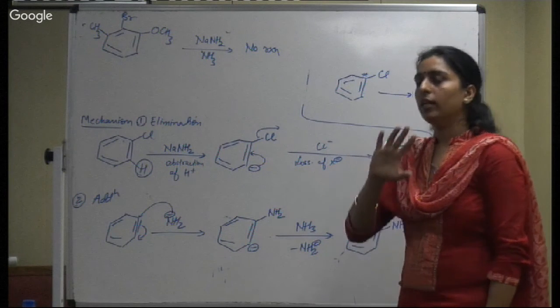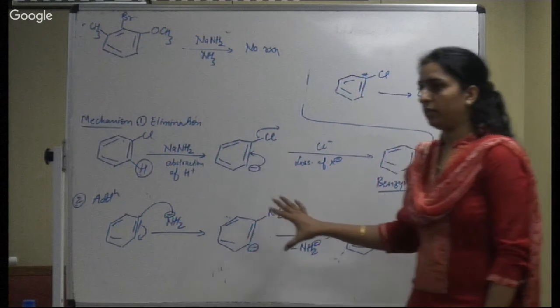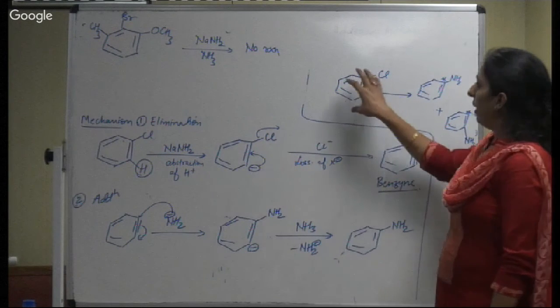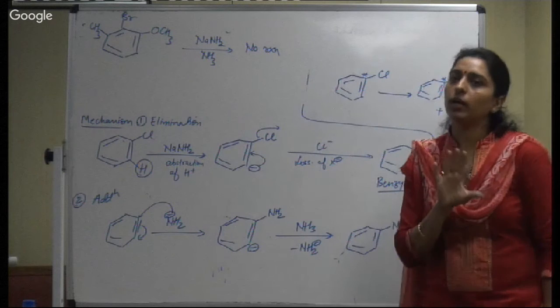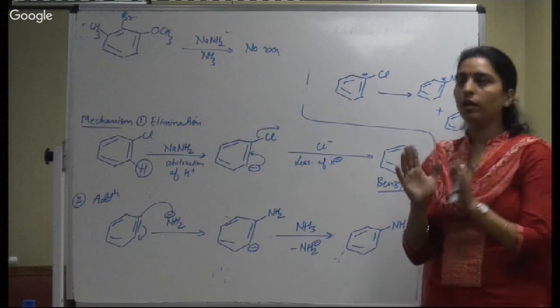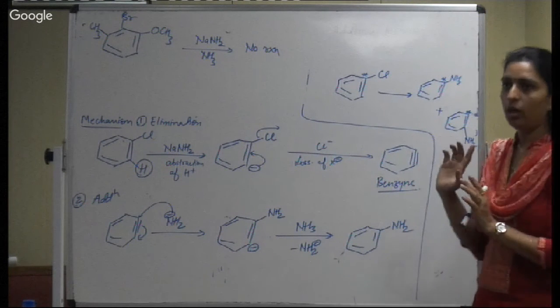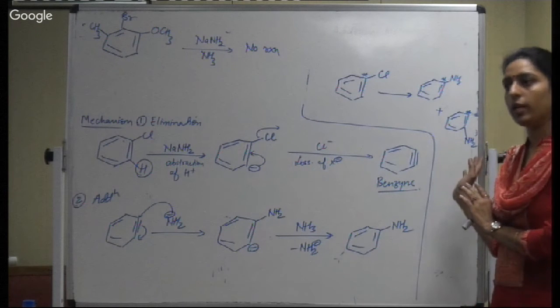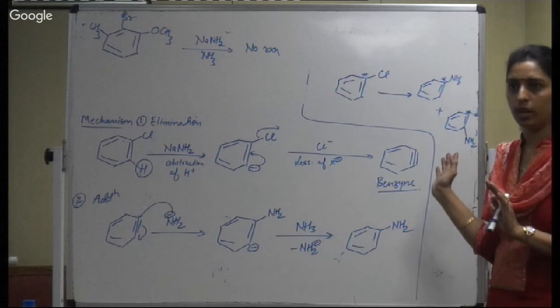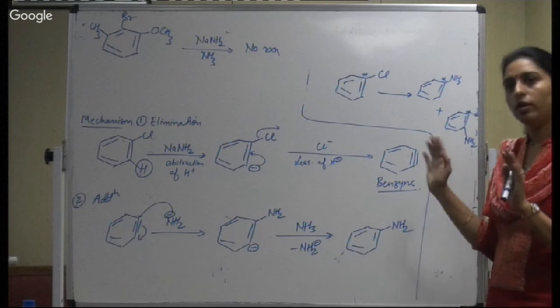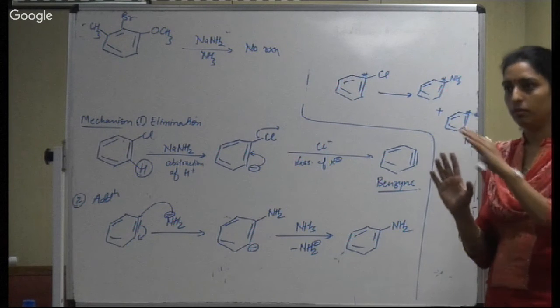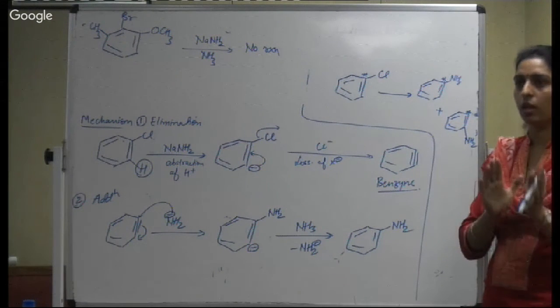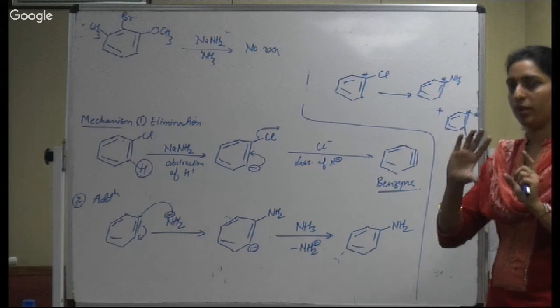I'm just saying that the mechanism can be justified. When we treated simple isotopically labeled chlorobenzene, we thought that we should have got this product only. But we were getting another one in which the NH2 was not attached to the labeled carbon. So it was thought definitely there is something, the movement of group is there. There is some benzyne formation.